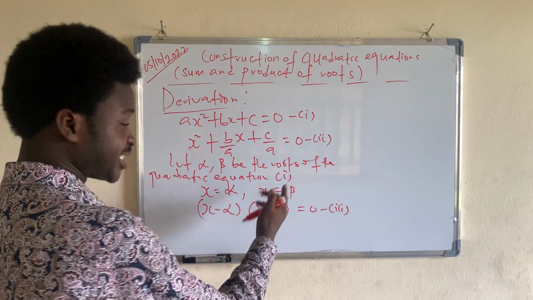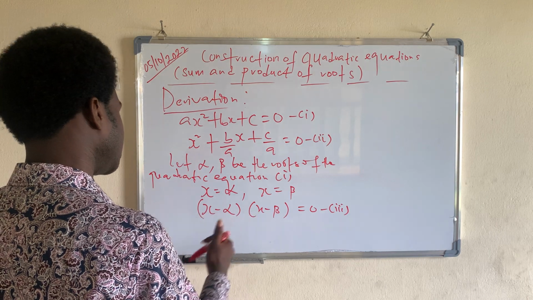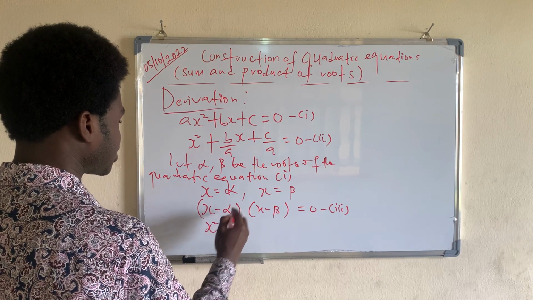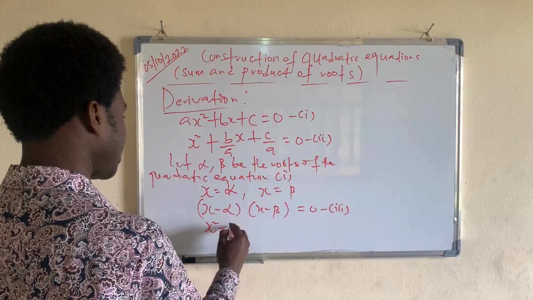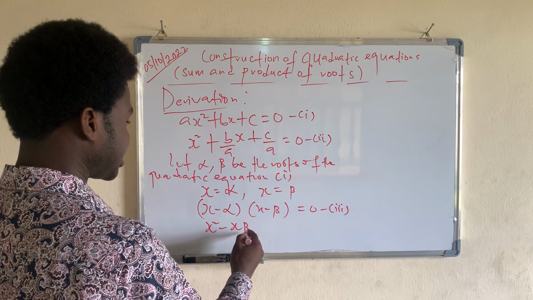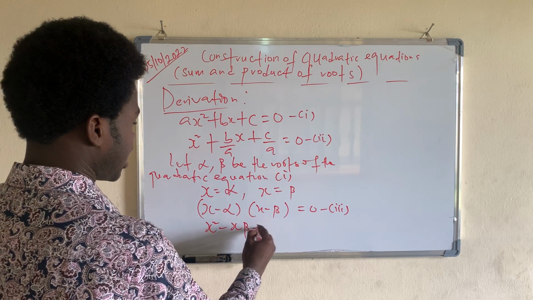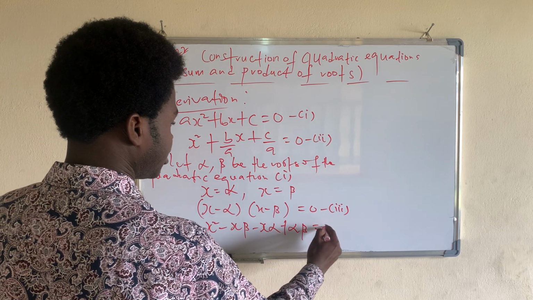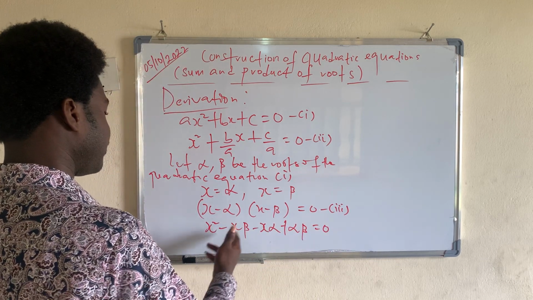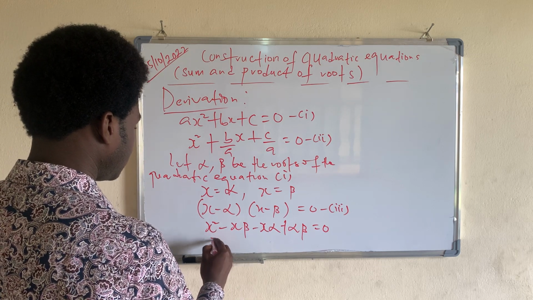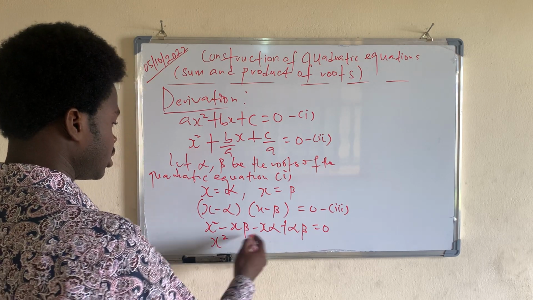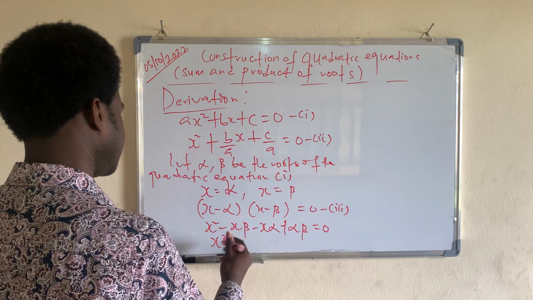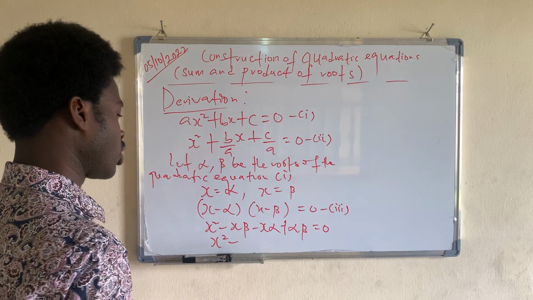From here, I can expand this: x multiplied by x gives x squared, x times minus beta is minus x beta, minus x alpha, plus alpha beta equal to 0. We can see that negative x is common.